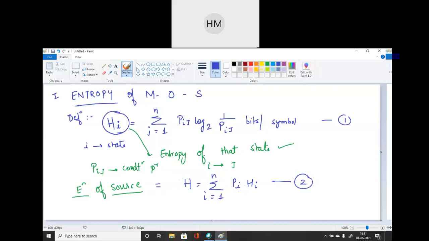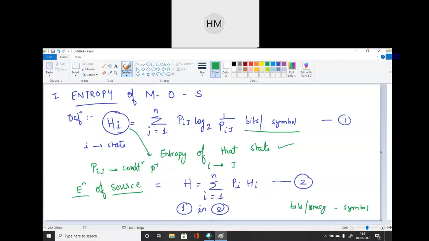Now please substitute, put this 1 in 2. And this is very important, students. The unit is bits per symbol. Now here we have to write the same. What will be the unit of H? Bits per message or bits per symbol. You can write anything.